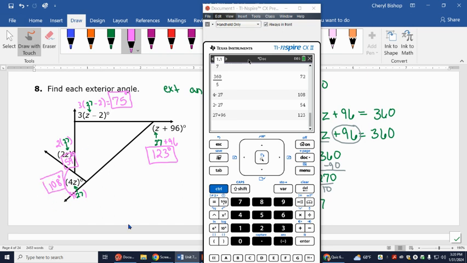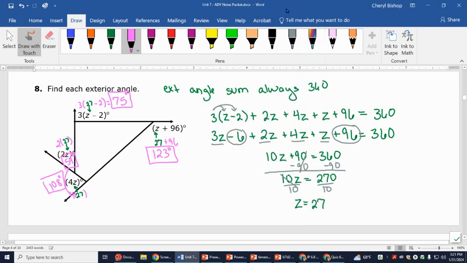We can check because all 4 angles should add up to 360. If I had a pentagon, I'd have 5 angles. They would still add up to 360. Let's see, 108 plus 123 plus 75 plus 54 adds up to 360. I can feel confident that those are the correct angles.